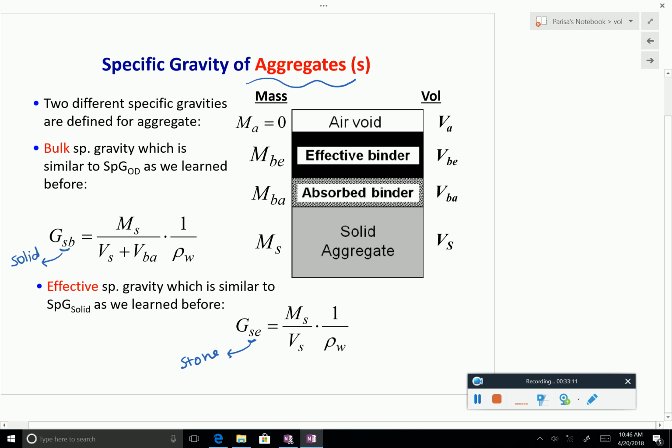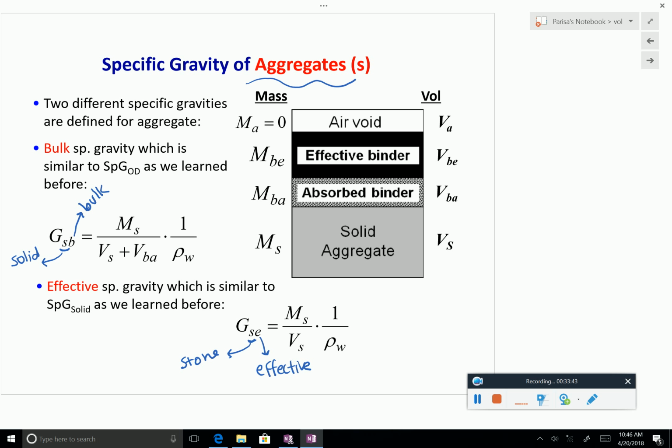And then you have bulk. So B is for bulk here, versus effective. In the bulk, you count in the absorbed binder volume. In the effective, you don't. So that's the only difference.